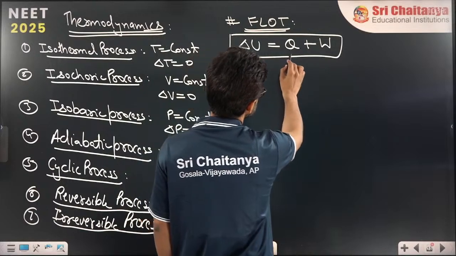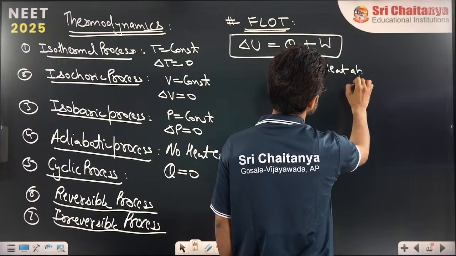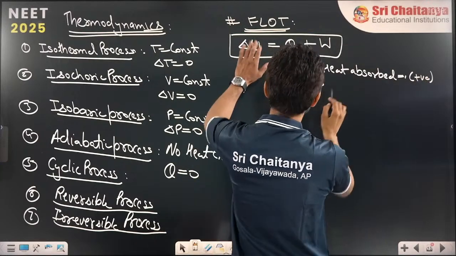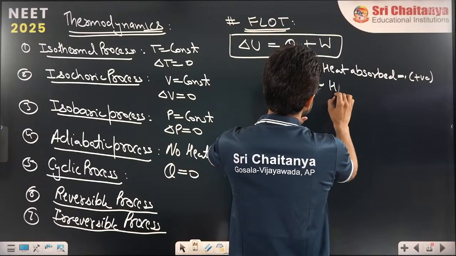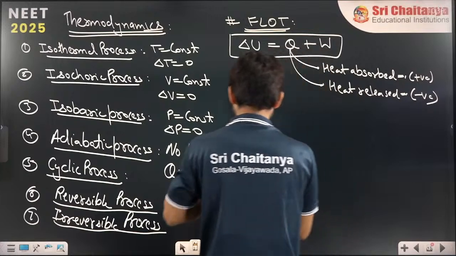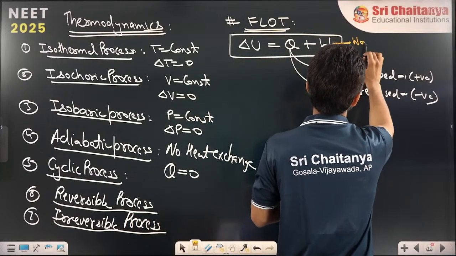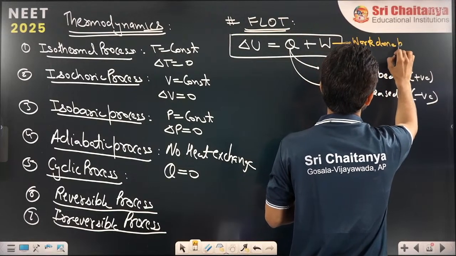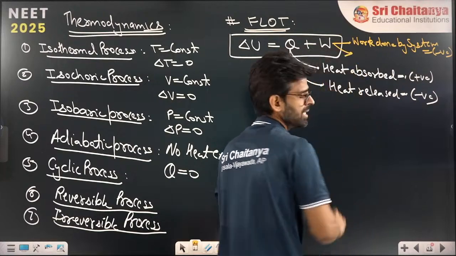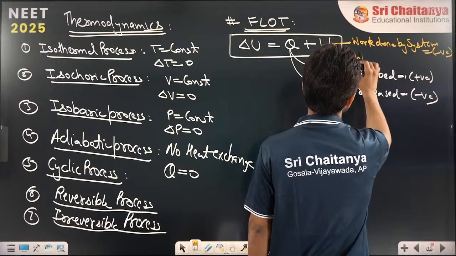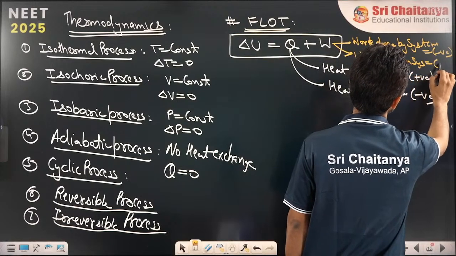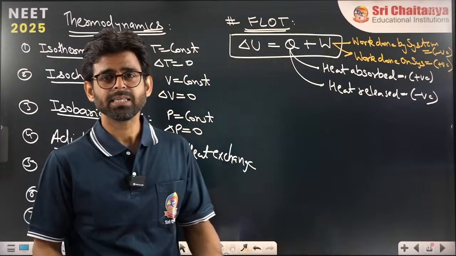So if our system is absorbing heat, heat absorption will be positive because it will increase the delta U, the internal energy of the system, whereas heat released will be taken as negative when we are finding delta U. Work done by the system will be taken as negative because it will cause a decrease in internal energy, and work done on the system will be taken as positive, because it will increase the internal energy of the system, right?